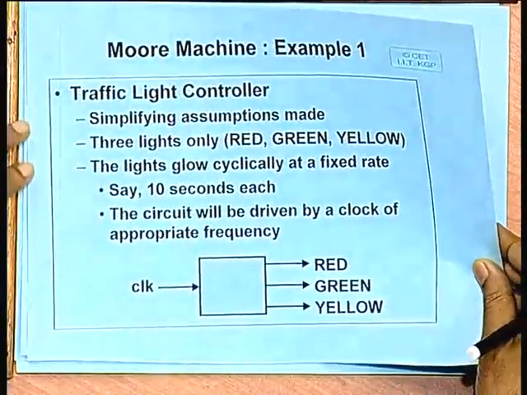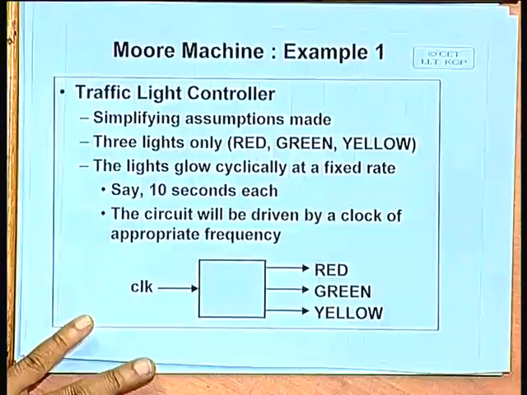So, the example we take to illustrate the modeling of a Moore machine is a simplified version of the traffic light controller. Instead of going into the complexities, just for the sake of illustration, we assume that there are only 3 lamps or lights we need to control, red, green and yellow, and without loss of generality we assume that the 3 lights have to be glowed cyclically at equal intervals of time.